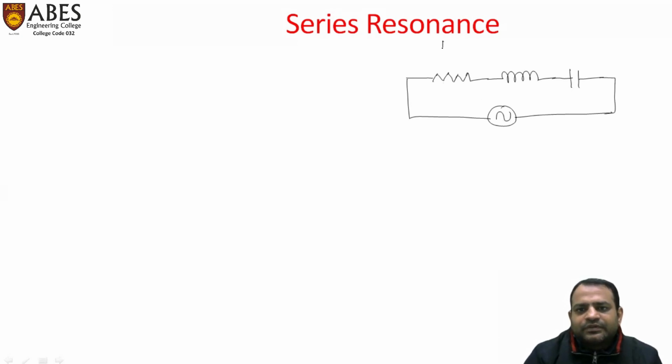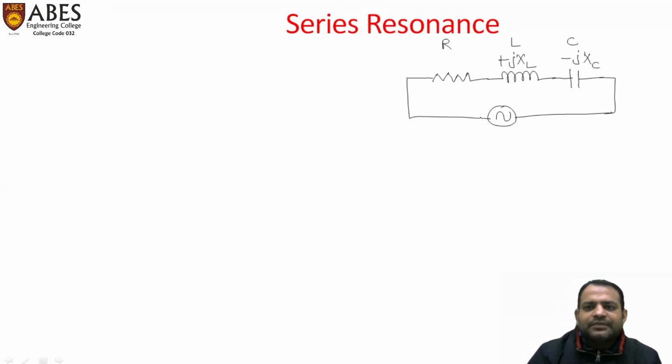So this is the resistance R. Suppose this is the inductance L and this is the capacitance C. And as per this inductance, the reactance of this inductor is plus j times XL, and for this capacitance, this is minus j times XC.